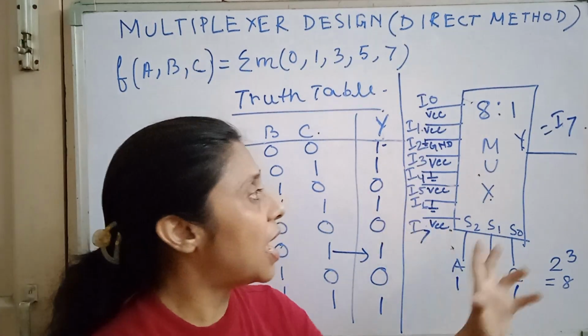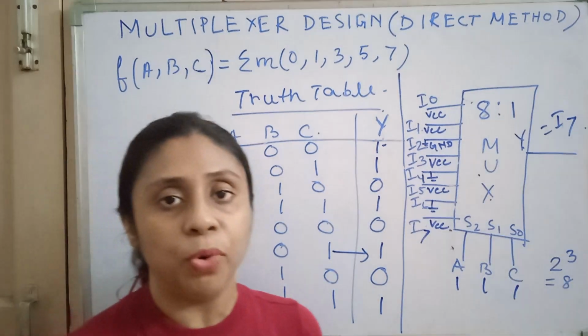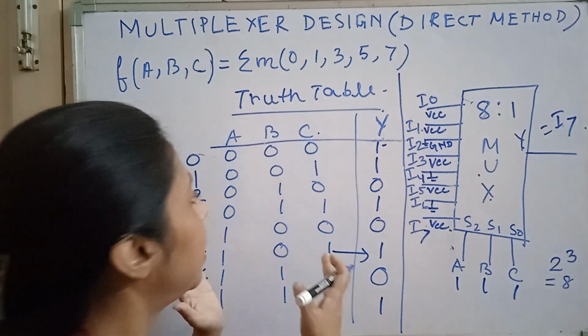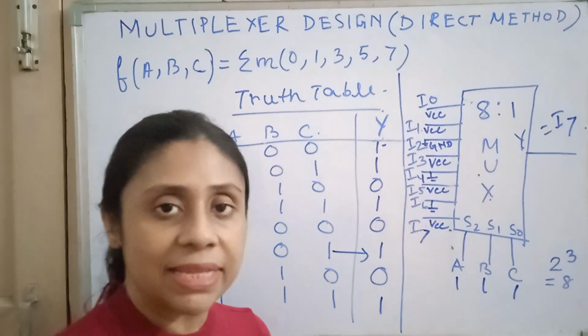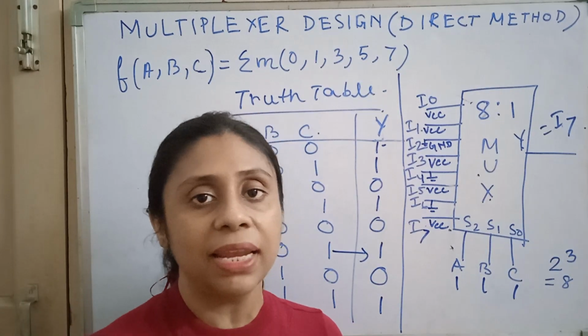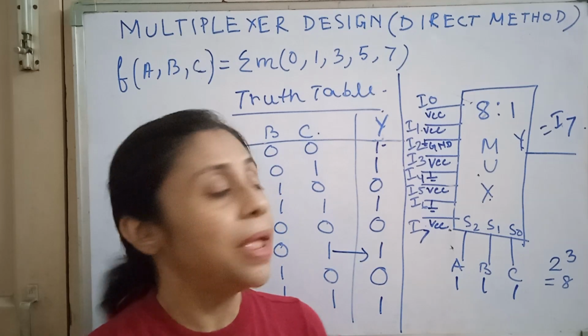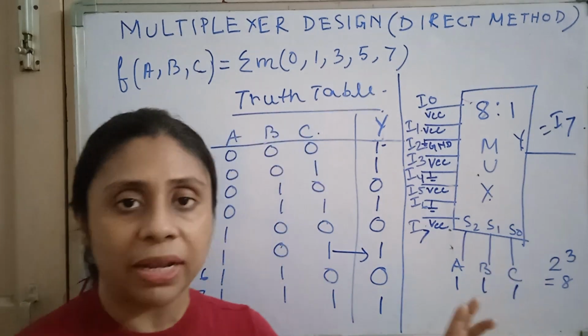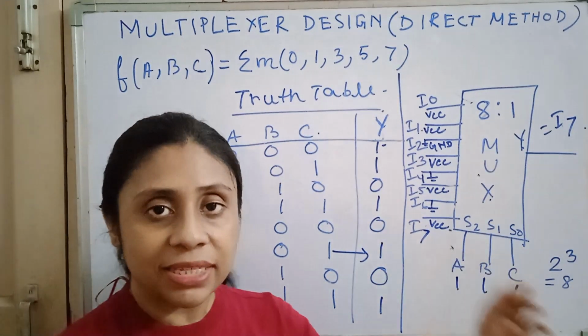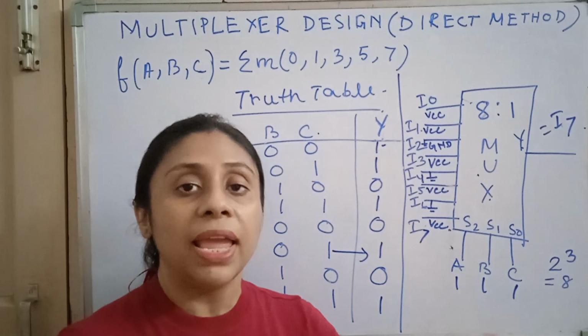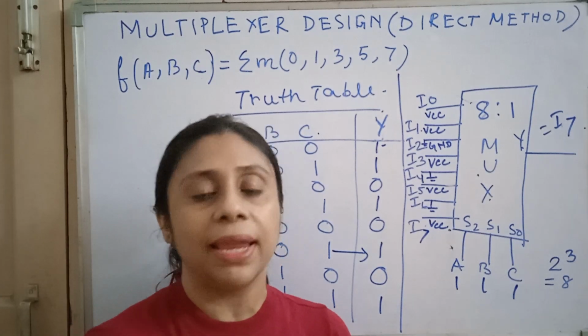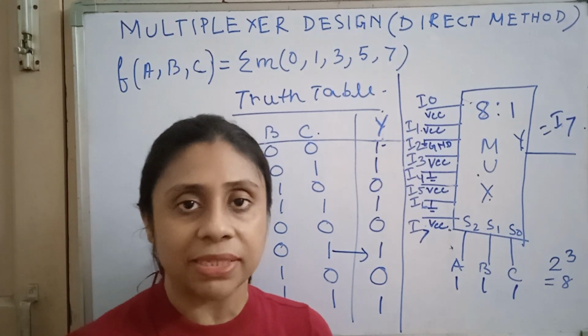Right? So this is how we need to connect our inputs according to the K-map when we are designing a multiplexer circuit in the direct method of multiplexer designing. Right? Now this is one example of the direct method of multiplexer designing, and in the next class first I will cover the implementation of all the logic gates by using the direct method of multiplexer designing.